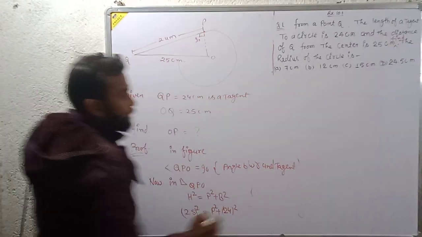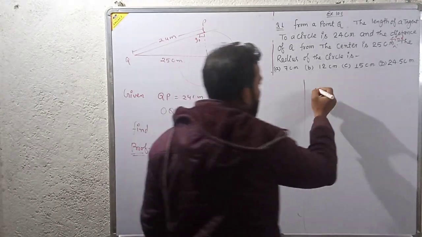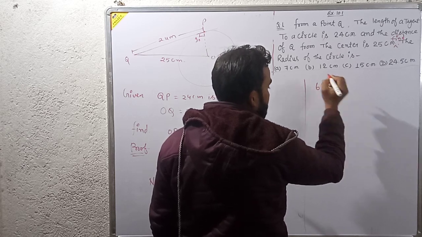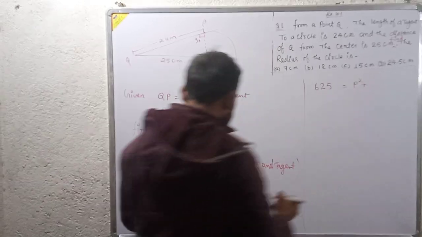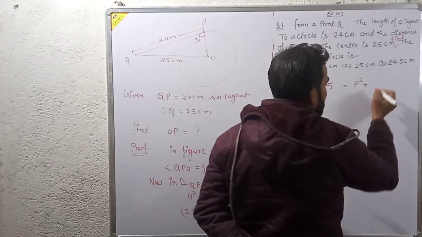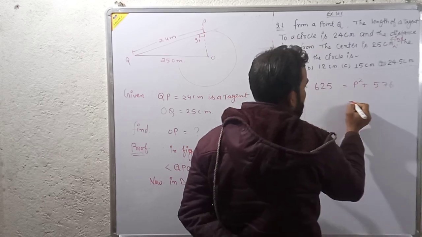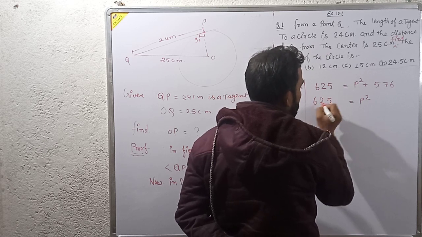Clear? Now again, 25 square will be 625 is equal to p square plus 24 square, which is 576. p square is equal to 625 minus 576.